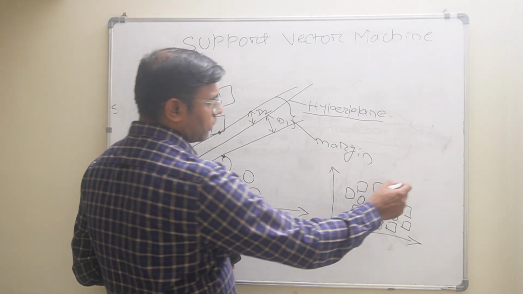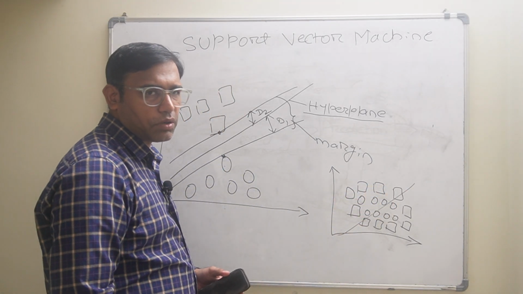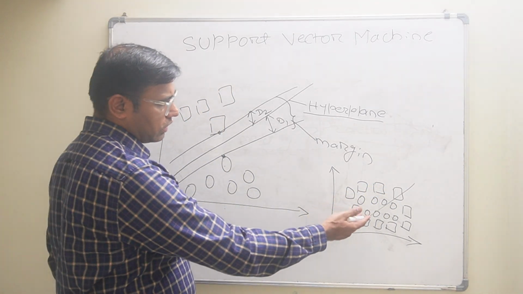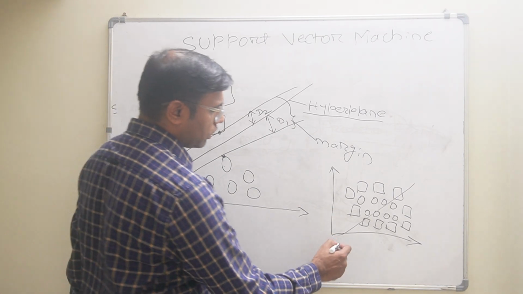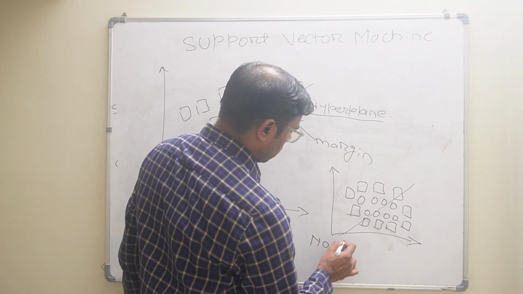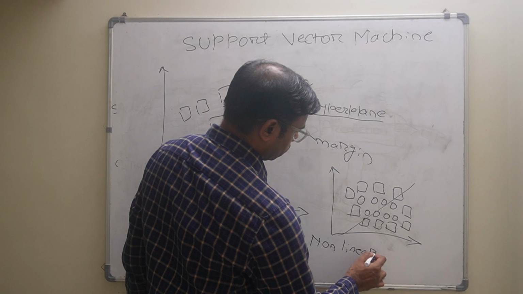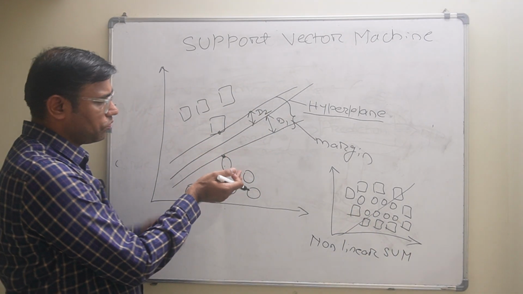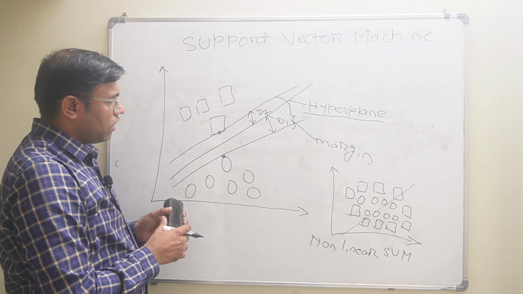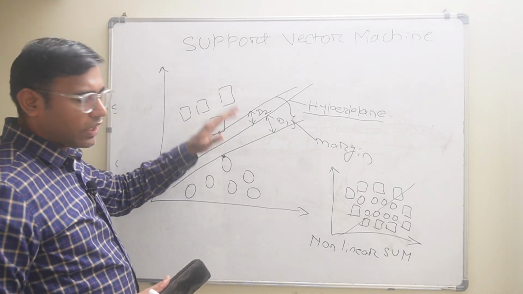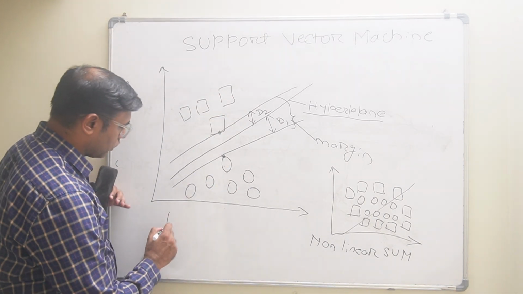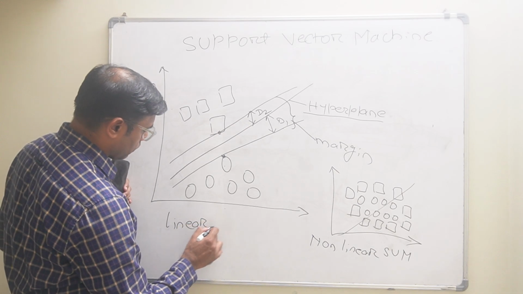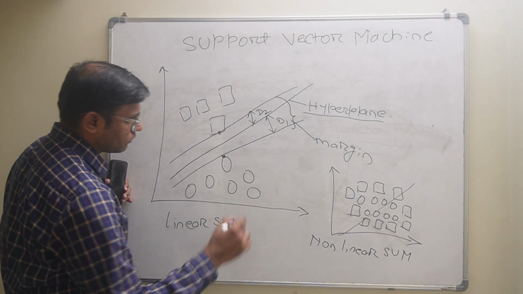It is not possible to draw a linear hyperplane here. So this is called non-linear SVM. But if you compare this diagram, here we can draw the hyperplane. So that's why this type of diagram is called linear SVM.